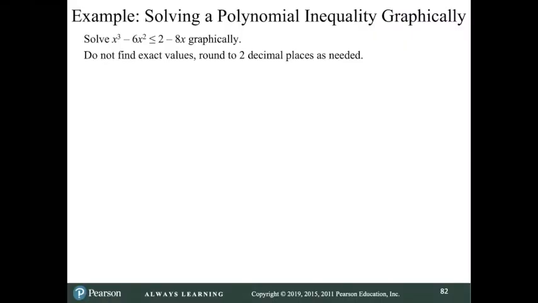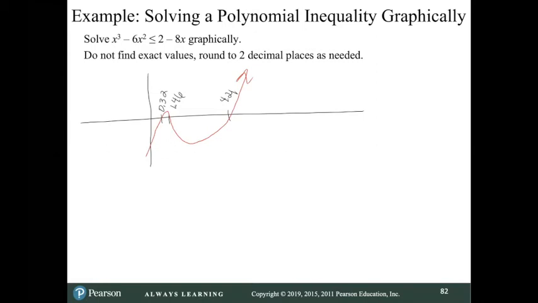Okay, so we had our sign chart. 0.32, 1.46, 4.21, and our graph looked something like this.